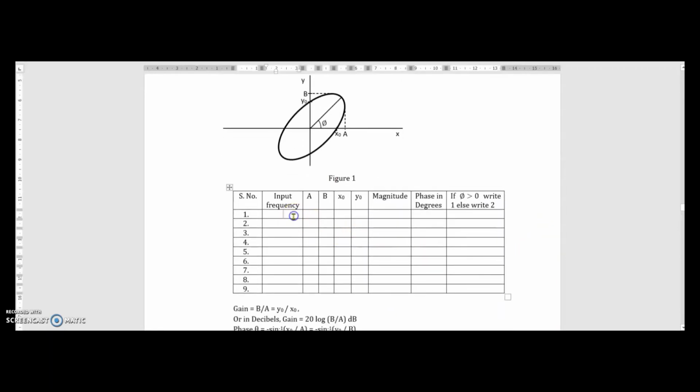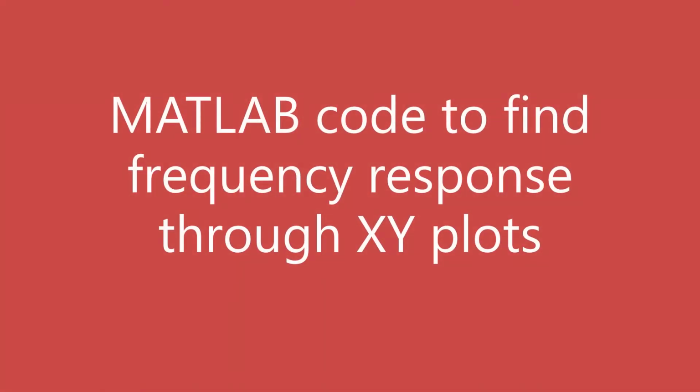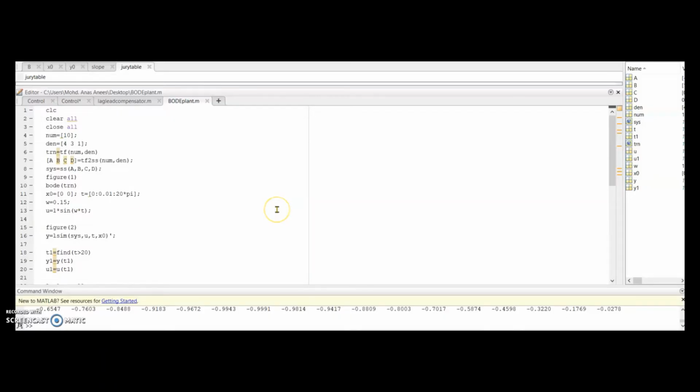For different input frequencies we will get different shapes, as we will see shortly, and for that we will record the A, B, X0, Y0 values, and from here we will find out magnitude and phase for the frequency response. So this is one example of finding out the Bode plot with the help of XY plots.